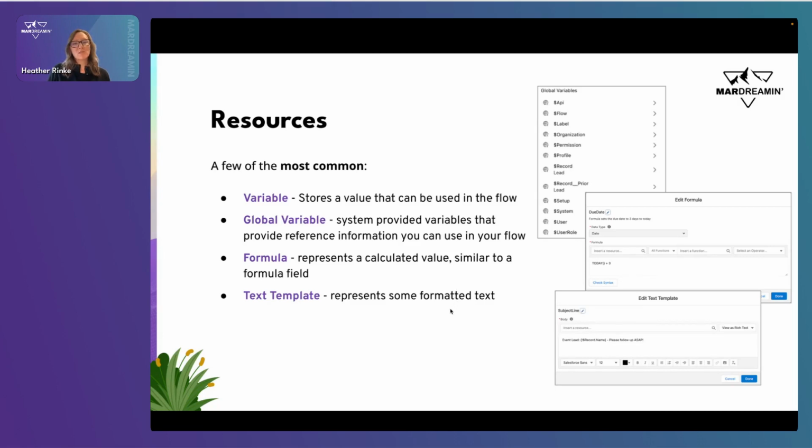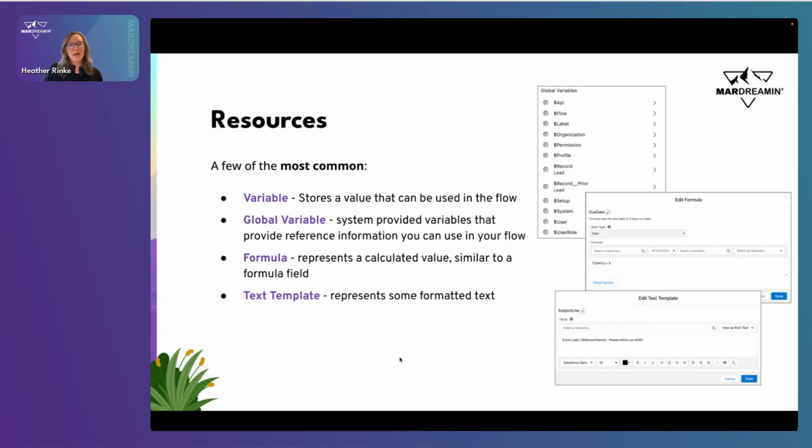You also have formulas. So if you're familiar with Salesforce formula fields, this is very similar. It allows you to calculate information, whether that's a number value or a date, for example. A great use case is to set a due date when you're creating a task, which is the example I have here. And a text template.